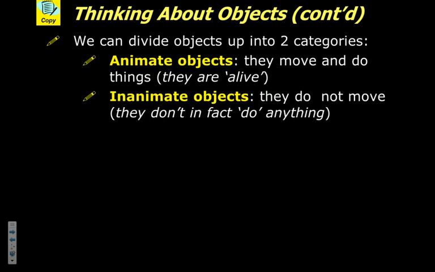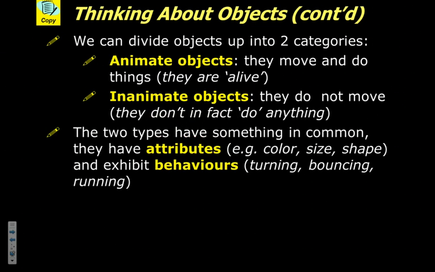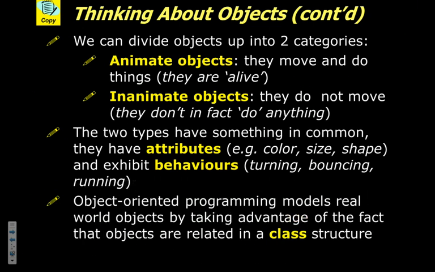Now we can also divide classes into two categories: animate and inanimate. We can think of animate objects as things that are alive or things that move, and inanimate obviously don't. As well, we can then do what I just did, subclassify each class into attributes or properties and behaviors or methods. Okay?